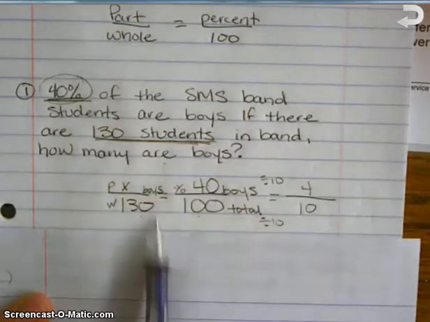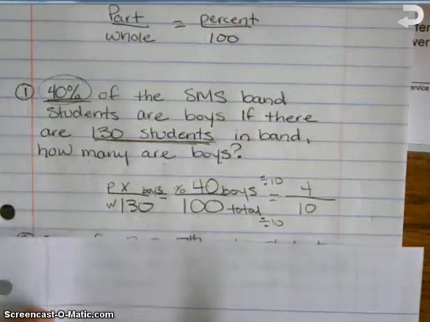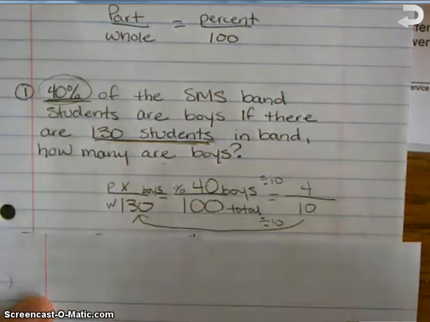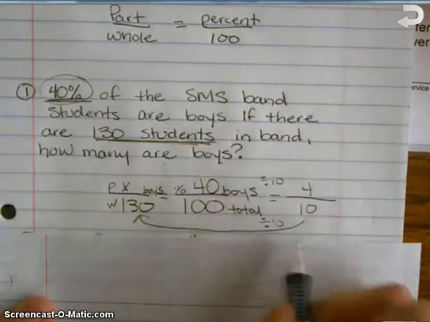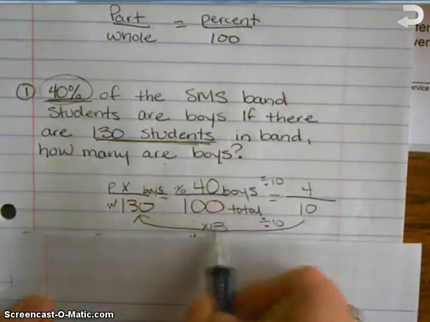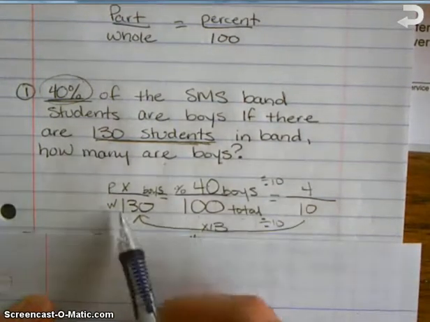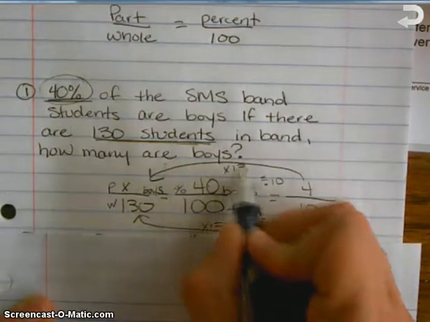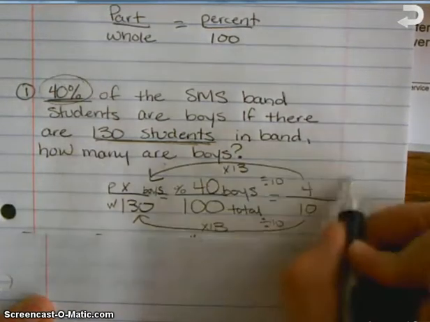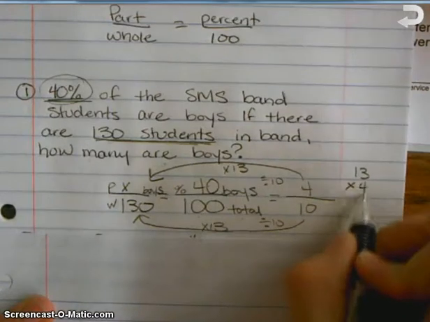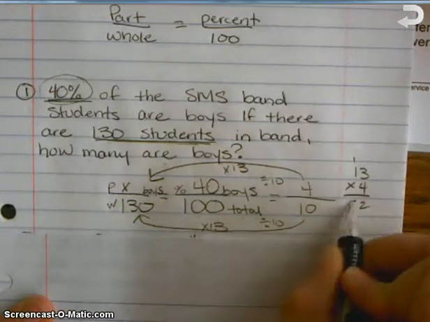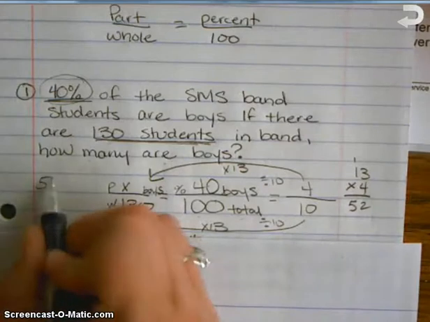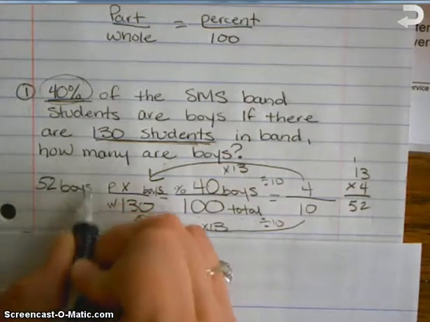Now from 10 to 130, it's a little bit easier to get there. 10 times what is 130? 10 times 13 is 130. And what I do to the denominator, I have to do to the numerator. So 4 times 13 is going to give us the number of boys. 13 times 4 is 52.